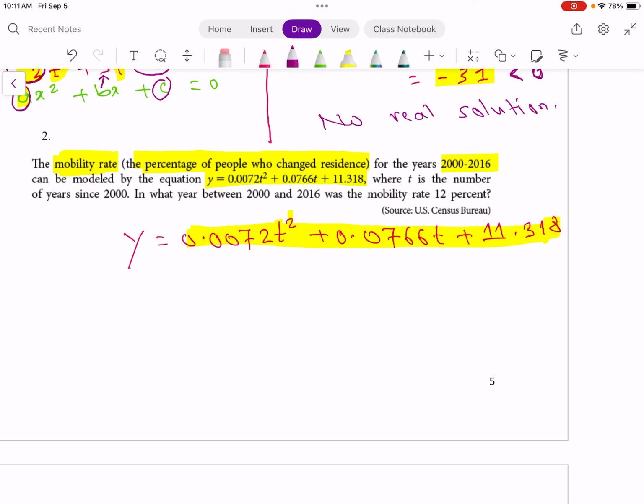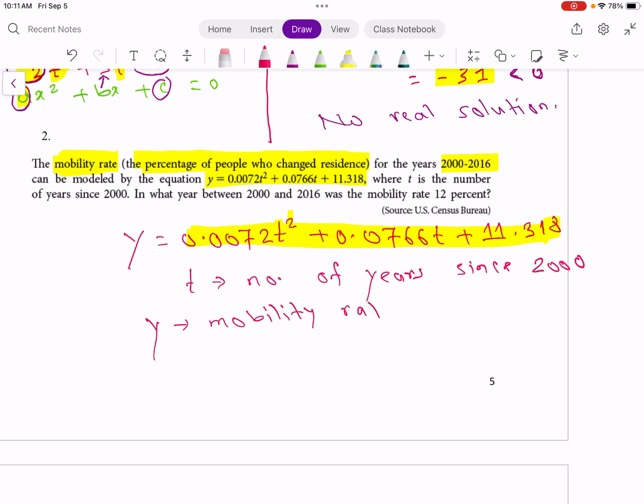Now here what does t represent? t is the number of years since 2000, and our y is the mobility rate. Once we substitute the value of t, this quadratic equation gives us the mobility rate.